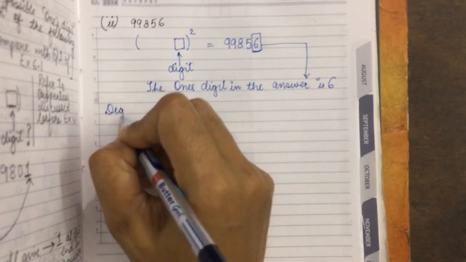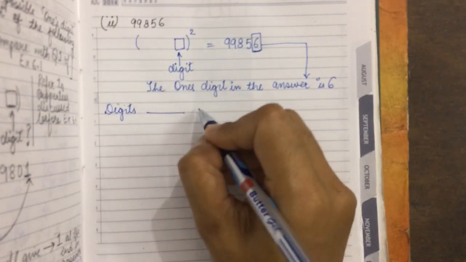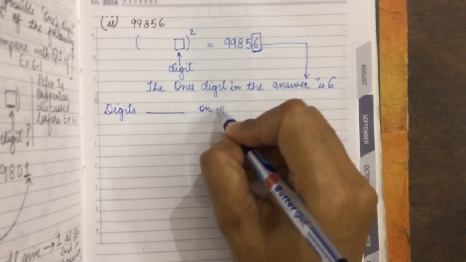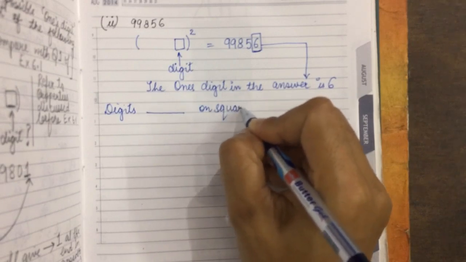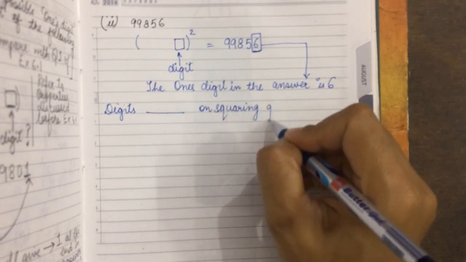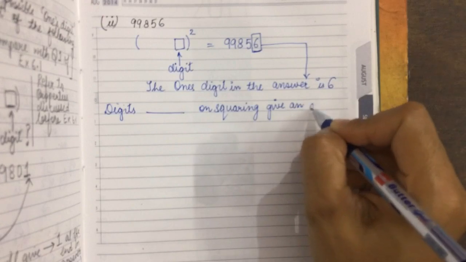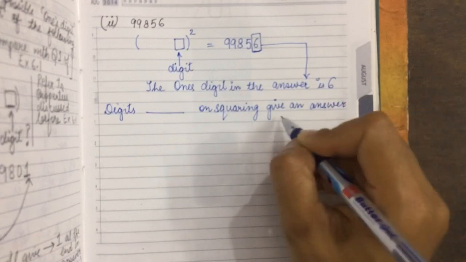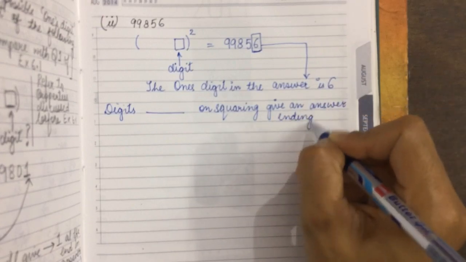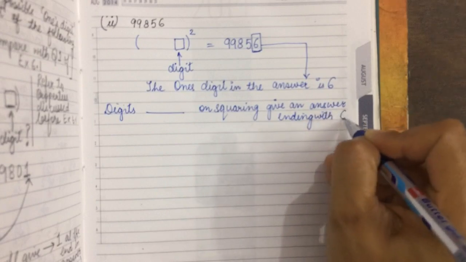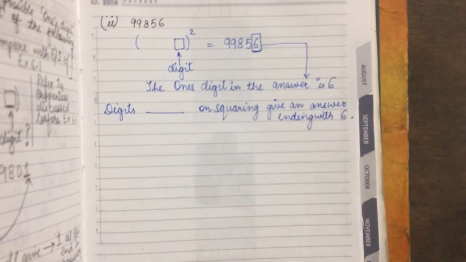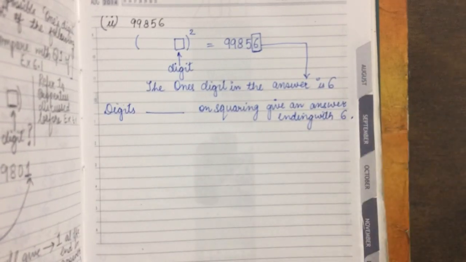So I am looking for the digits which on squaring give an answer ending with 6. So think of all the digits whose square ends with 6.